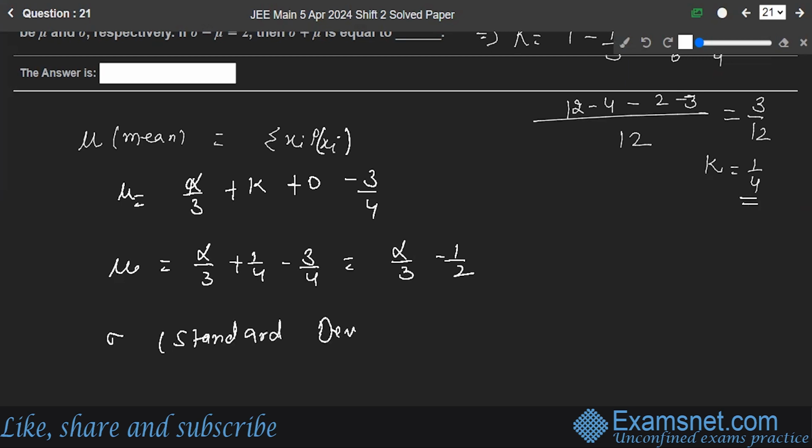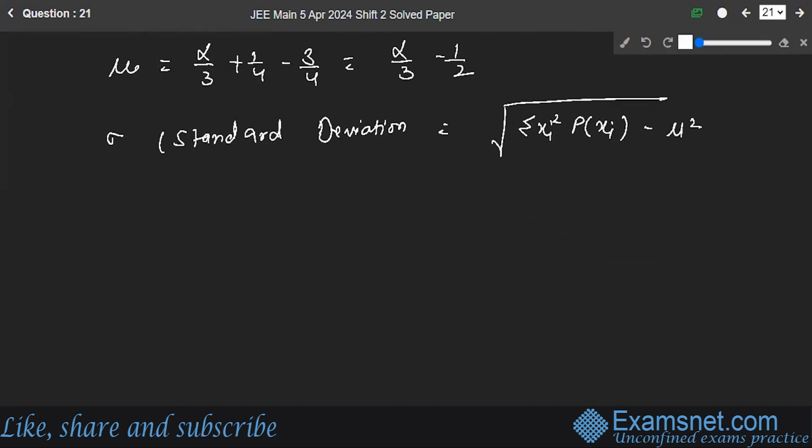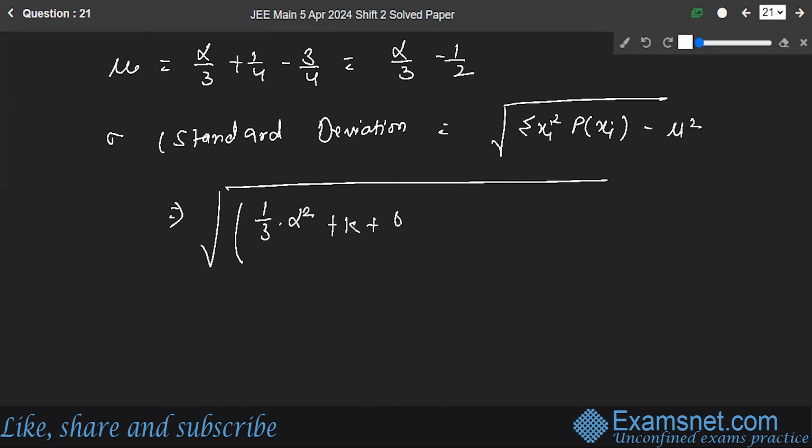Now the sigma, the standard deviation, is equal to the square root of summation of xi square pxi minus mu square. So let's fill in the values. You have this as root of 1 by 3 into alpha square plus k plus 0 plus 9 by 4 minus mu, which was alpha by 3 minus 1 by 2, whole square.